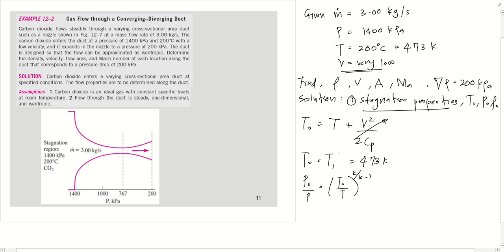Since T0 equals T, P0 will also equal P1, which is equal to 1400 kilopascal.